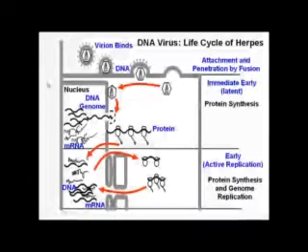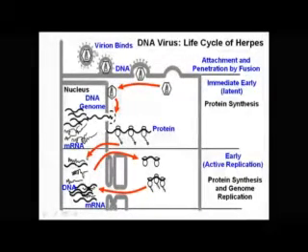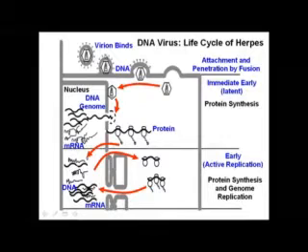Now what we want to do is look specifically at DNA viral replication using the herpes viruses as an example, okay? As we mentioned before, all viruses are going to have to attach, and the herpes viruses are icosahedral enveloped viruses.